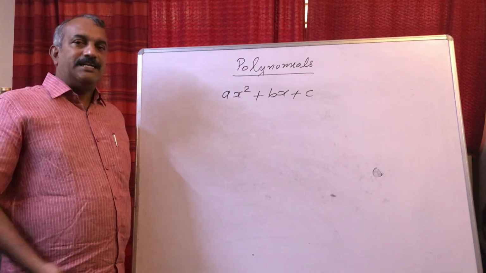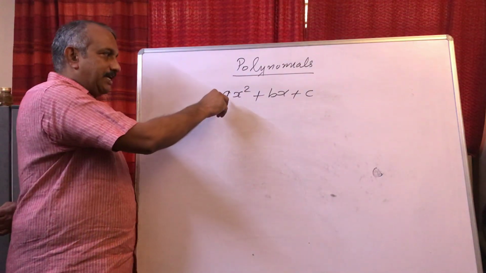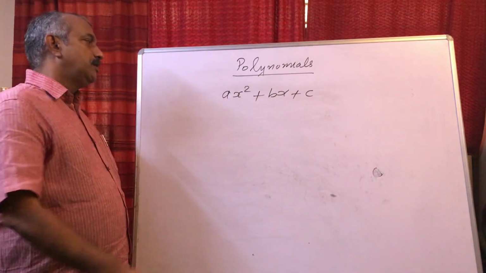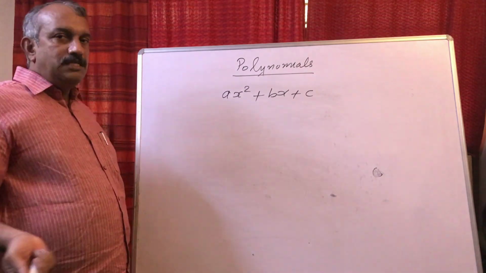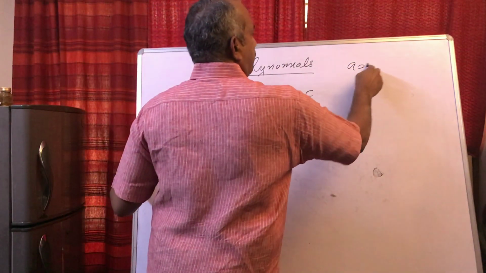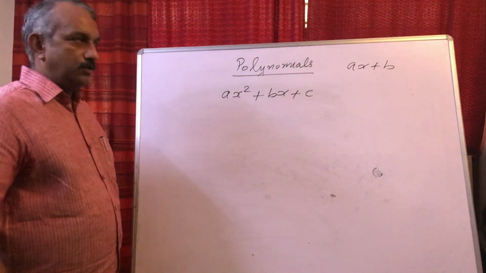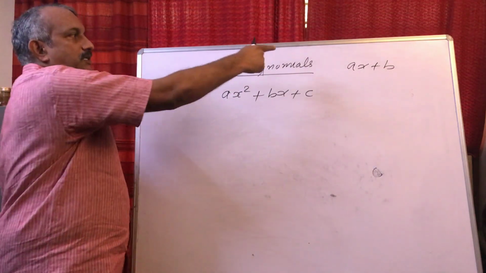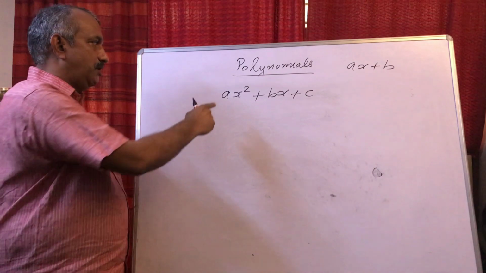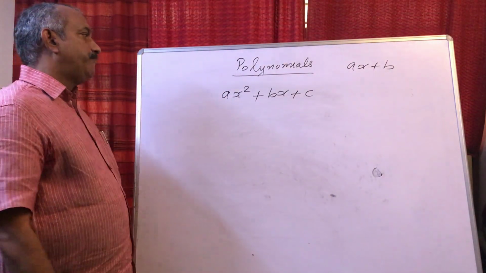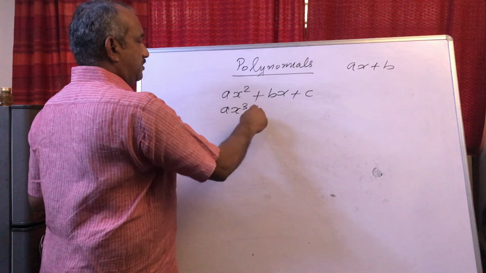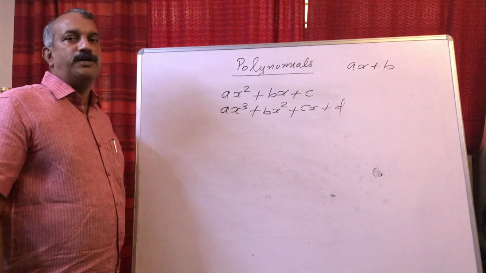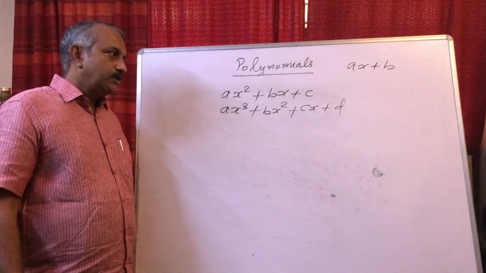Similarly, the standard form of a cubic polynomial is ax cube plus bx square plus cx plus d, and it will go on like this. The standard form of a linear polynomial is ax plus b. The number of letters keeps increasing as the degree increases.